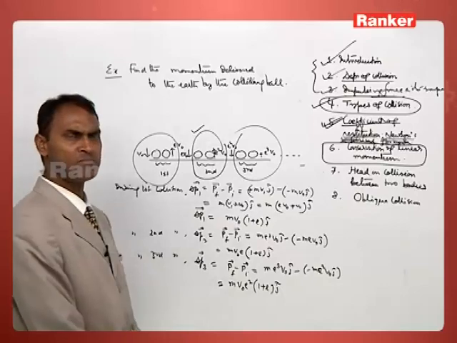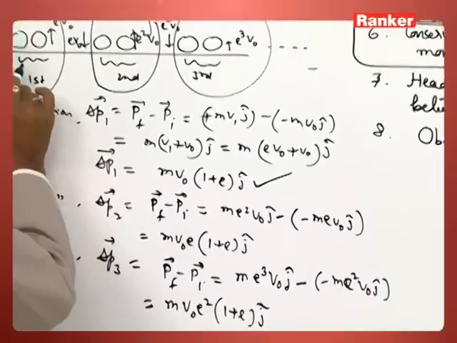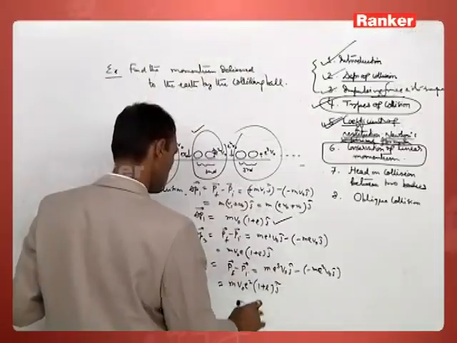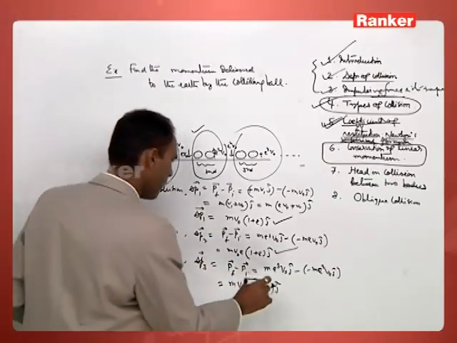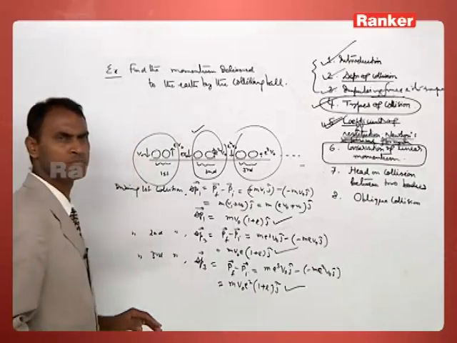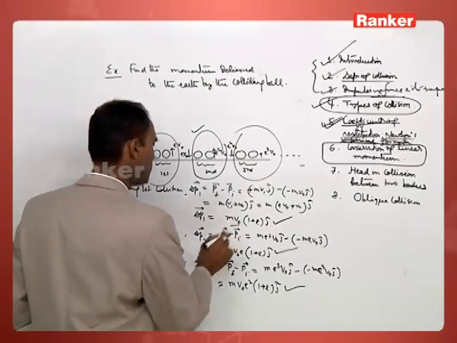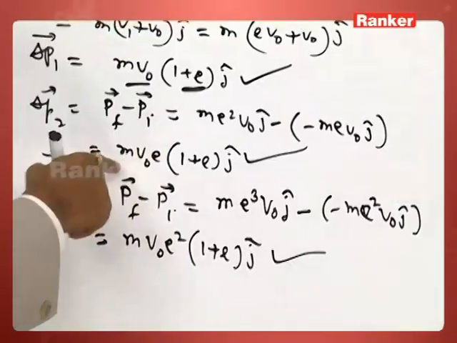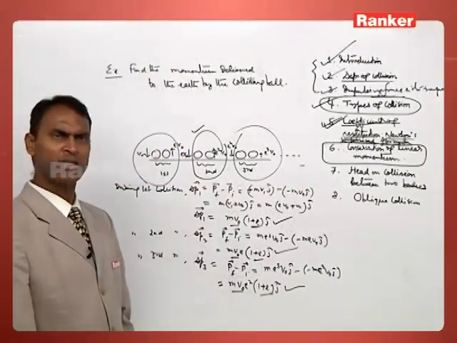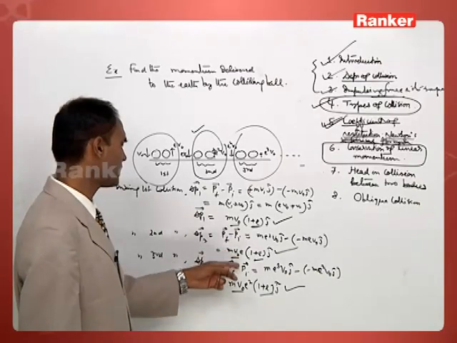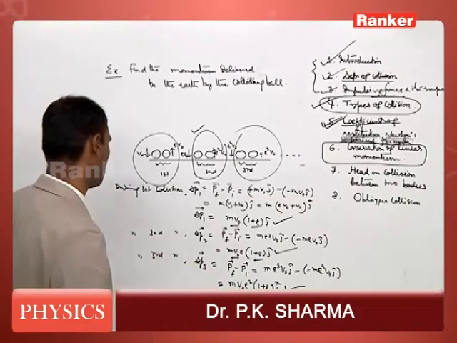After doing three turns, momentum change during first collision, momentum change during second collision, momentum change during third collision, we can see some common factor, m v naught and (1 plus e), here m v naught (1 plus e), here m v naught (1 plus e), and some additional factors, e, e square, and so on, e cube, e to the fourth, and so on.